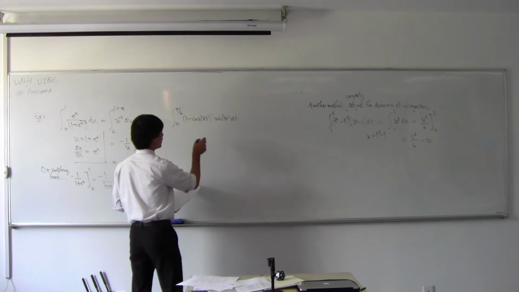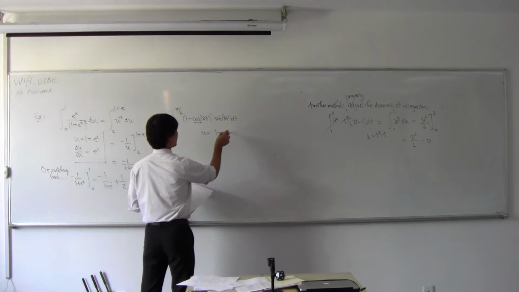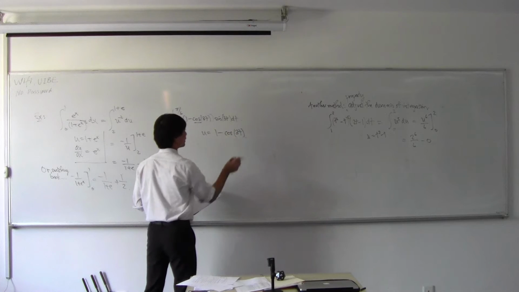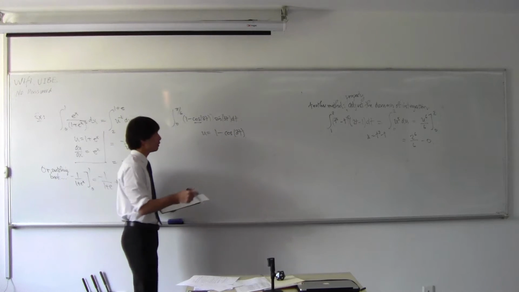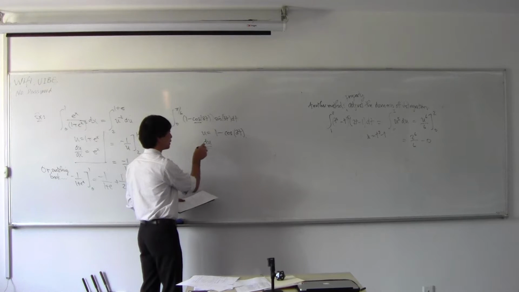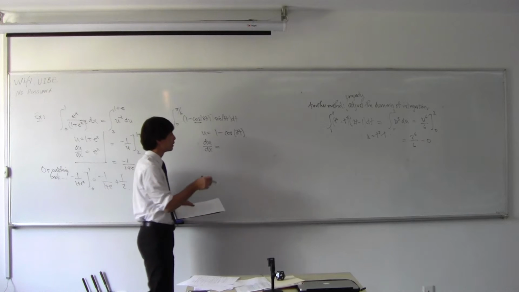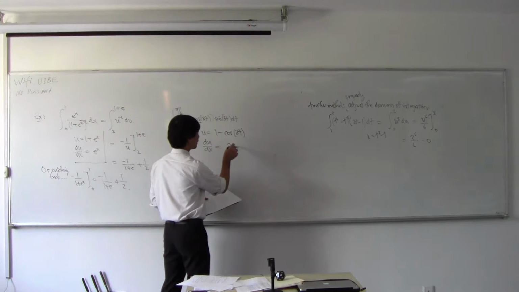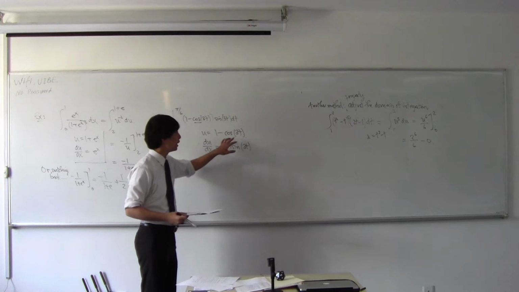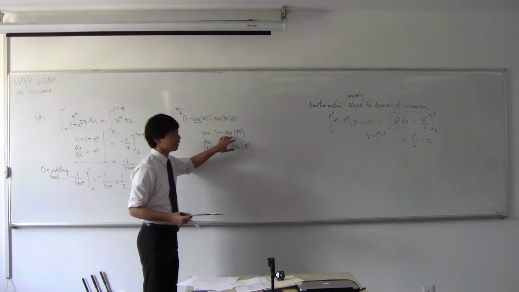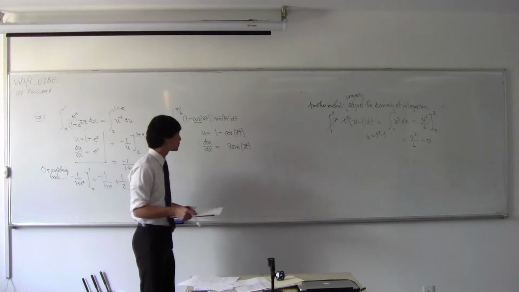One minus sine 3t? This is cosine, right? So let's take u to be 1 minus cosine of 3t. And when you differentiate that, what do you get? 3 sine 3t. You get negative sine 3t times 3 by the chain rule, right?